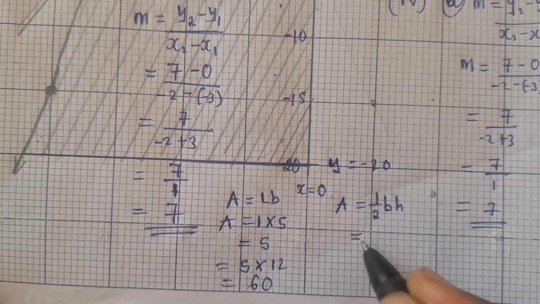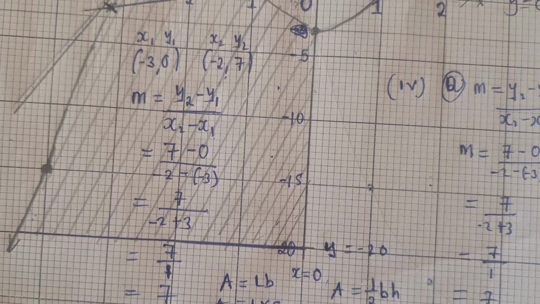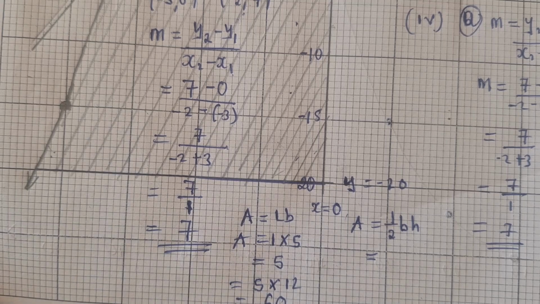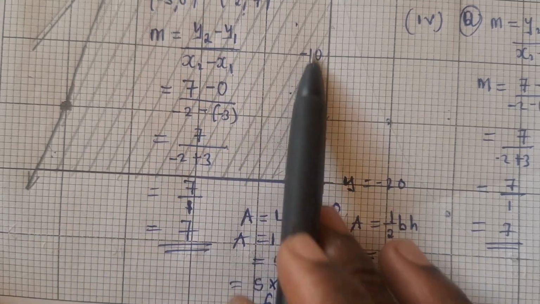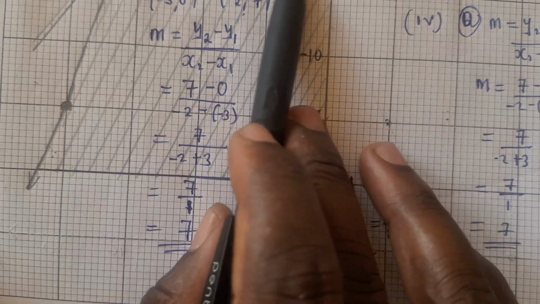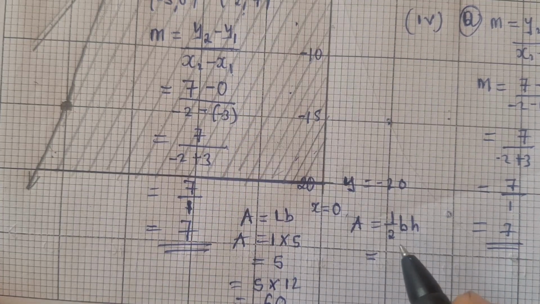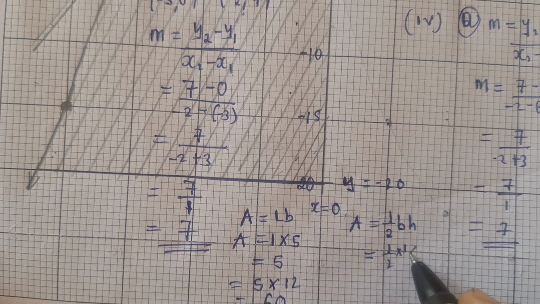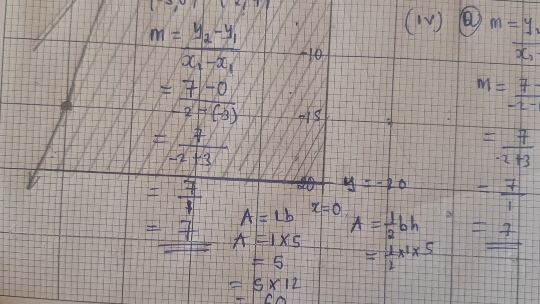What about the area of the boxes which are cut? So we start with 1. We know that for these, to form a triangle, we just pick the same. We know that our B is 1, okay? Times H is 5.